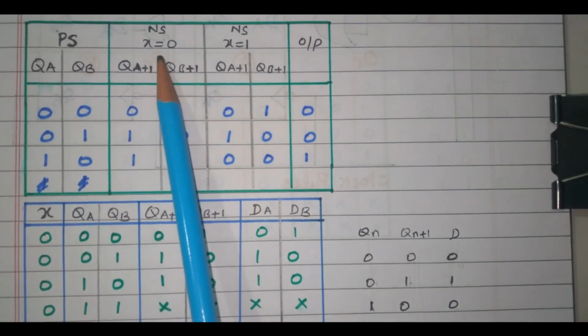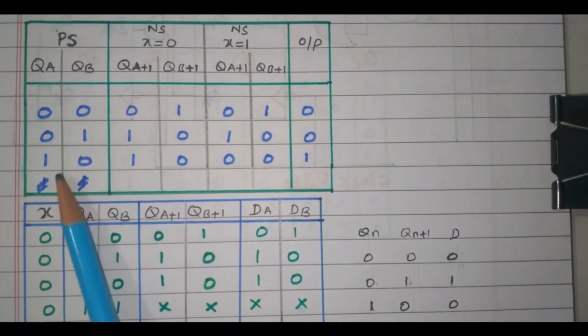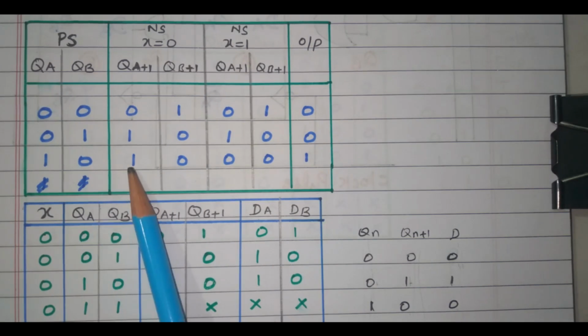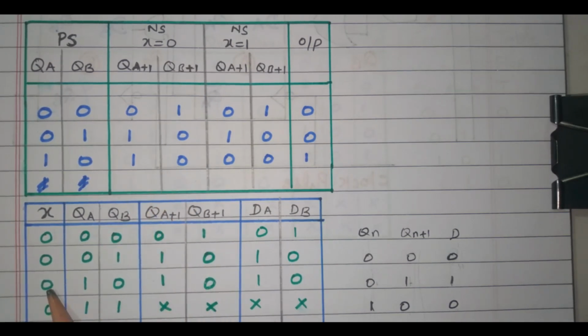Similarly, 1 0 to 1 0, the corresponding input is 0. Then 1 1 is not available, so it is not considered, marked x. For that, the input is taken as x.